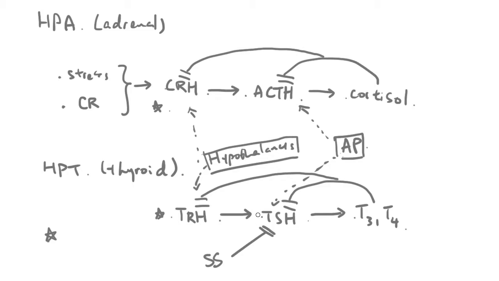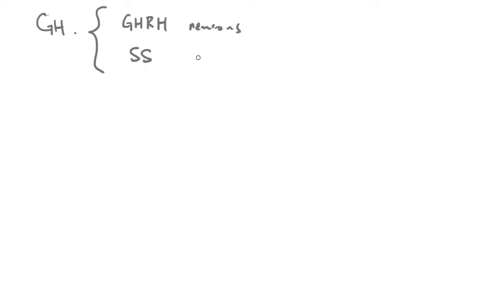Now let's talk about growth hormone. Growth hormone release is quite complicated in the sense that it is controlled by two neuroendocrine secretion systems, which is the GHRH neurons and the somatostatin neurons.